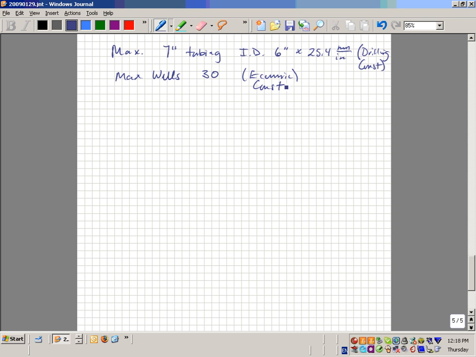So what is the minimum gas in place required to develop this field under these two constraints? They can't drill a bigger hole than that to put in 7-inch tubing. That's it, for whatever reason. 30 wells maximum. So you need to come up with the minimum gas in place required. You do that until 12:30.